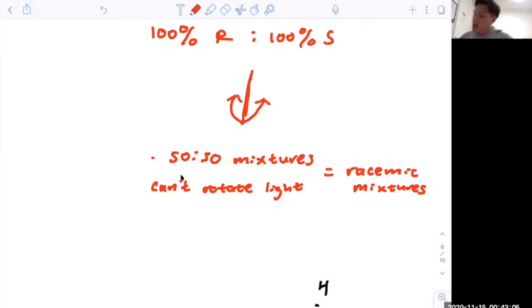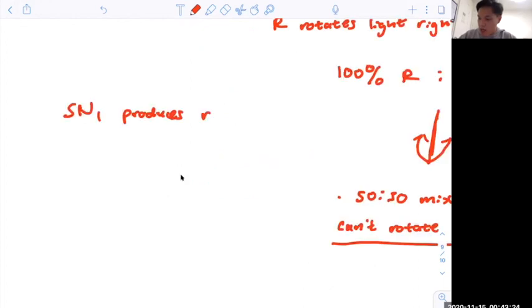Because it's a racemic mixture, it can't rotate light anymore. So even though it has a chiral center, if it can't rotate light, then it's not chiral. So it's achiral. And we call these racemic mixtures. So SN1 produces racemic mixtures if there is a chiral carbon.